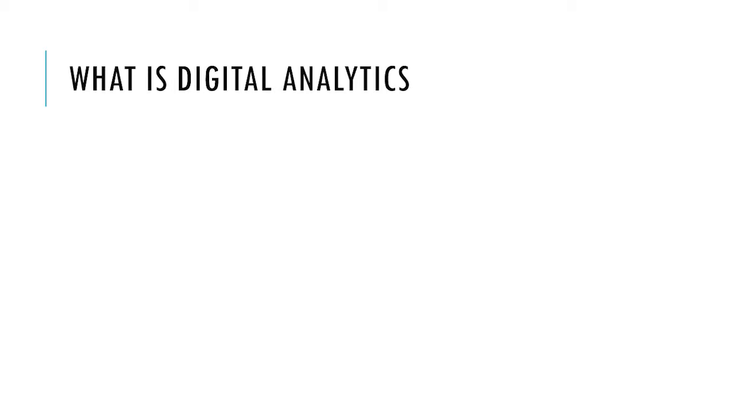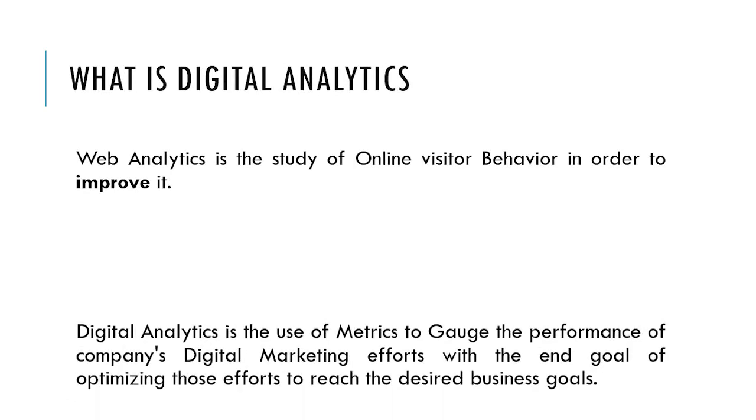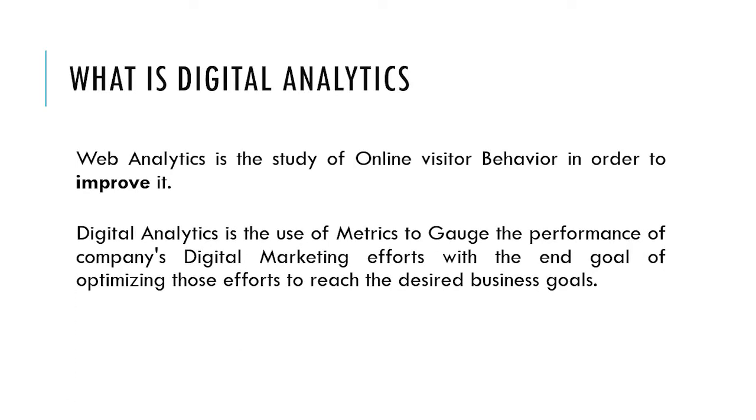Let's start with a brief definition of what is web and digital analytics, and let us see what it is all about. Web analytics is the study of online visitor behavior in order to improve it, while digital analytics is the use of metrics to gauge the performance of companies' digital marketing efforts, with the end goal of optimizing those efforts to reach desired business goals.